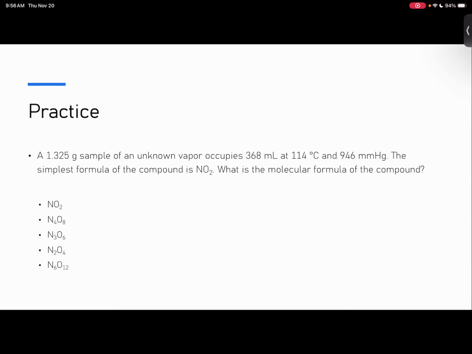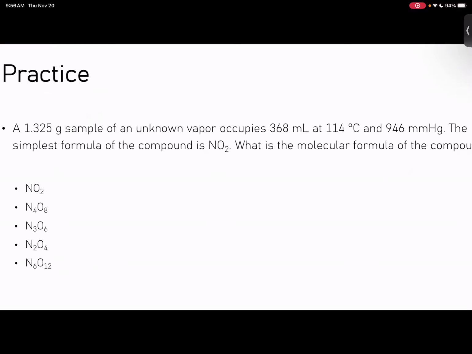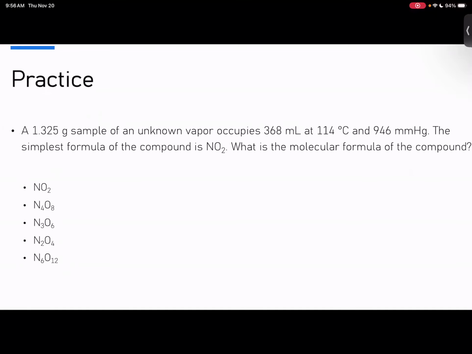So here is an example of where I said I wouldn't expect you to be able to tell me what the gas is unless I give you a list of gases.